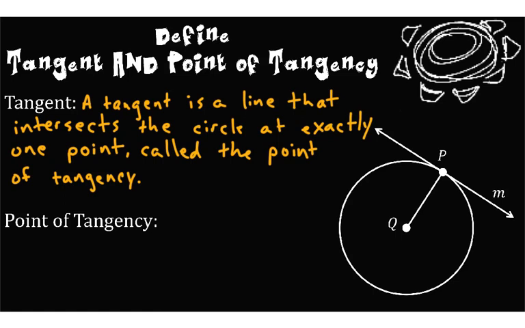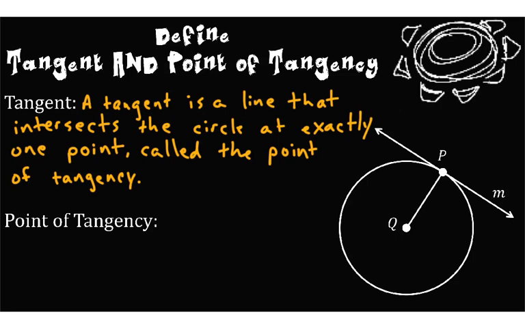So in this example that we see off to the right, the circle there, this line is a tangent line because it intersects the circle here at exactly one point. It touches it, is a way to think of it.